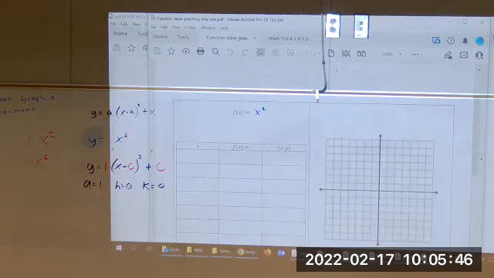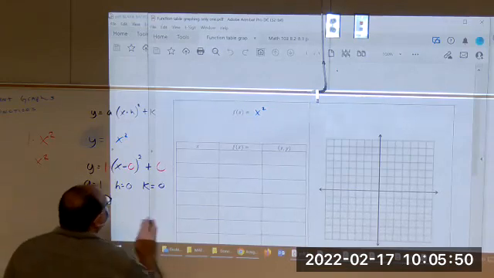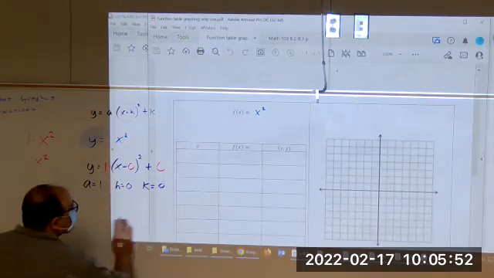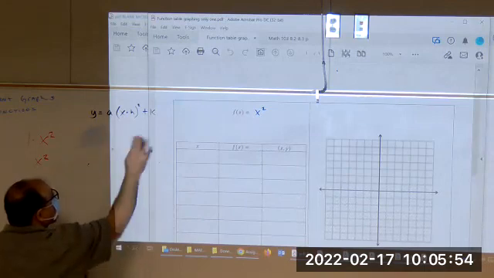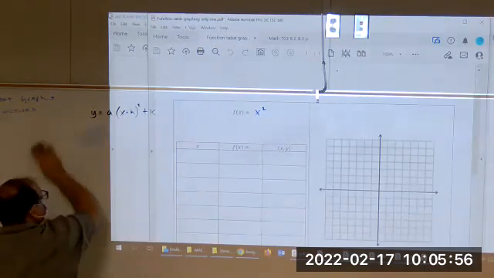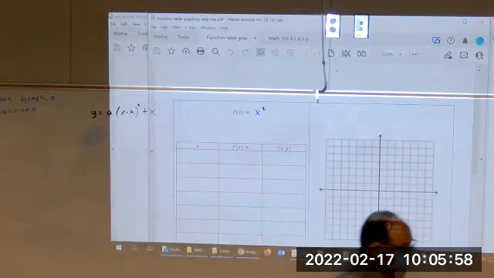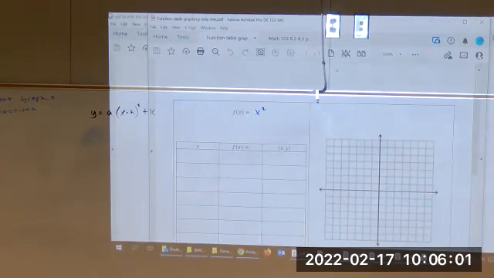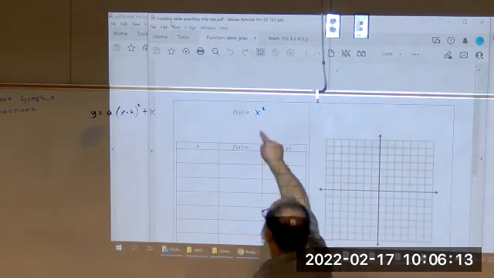So here we go. I am going to randomly just pick some numbers so we can get an idea of what this graph is going to look like. So if you're looking down right now, and then you decide to look up and go, where did those things come from, I am randomly going to pick some numbers so we can make a picture. So the function is x squared.